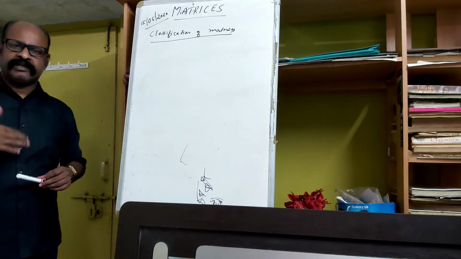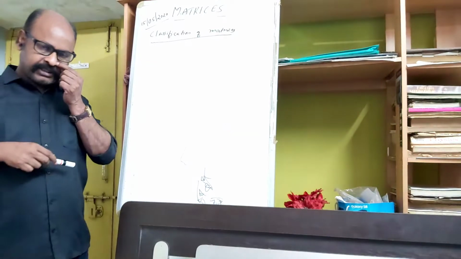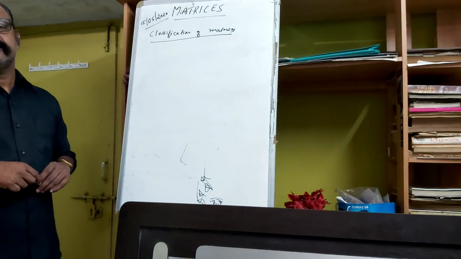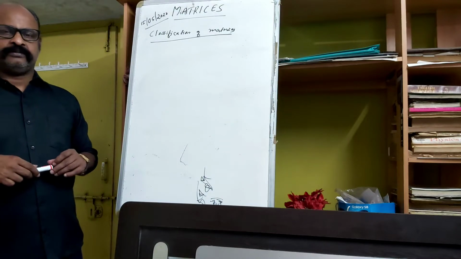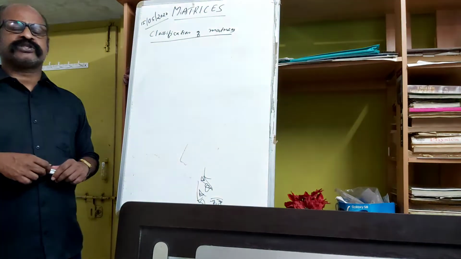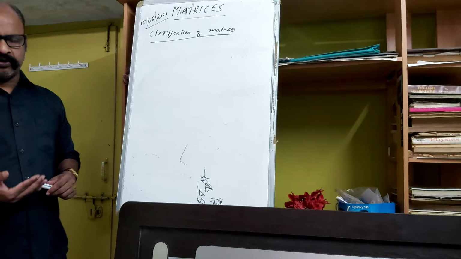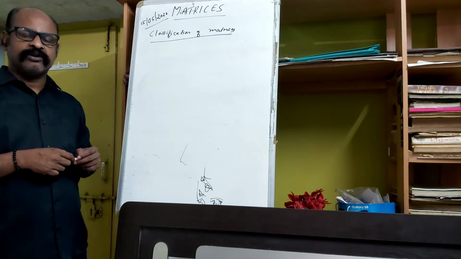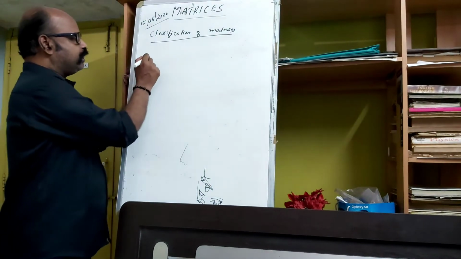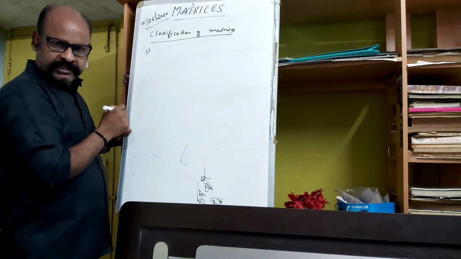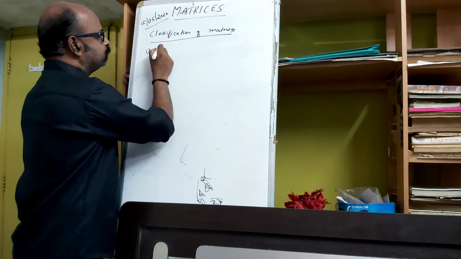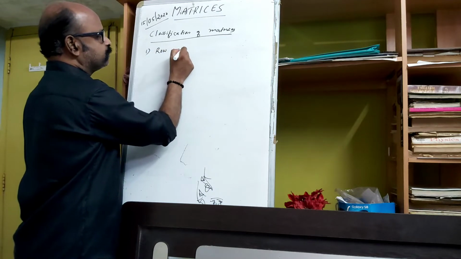And when the discussion progresses, we can see that most of this classification is based on the order of the matrix, sometimes related to the speciality of rows, sometimes related to the speciality of columns, etc. So, among the different types of matrices, the first one we discuss is a row matrix.